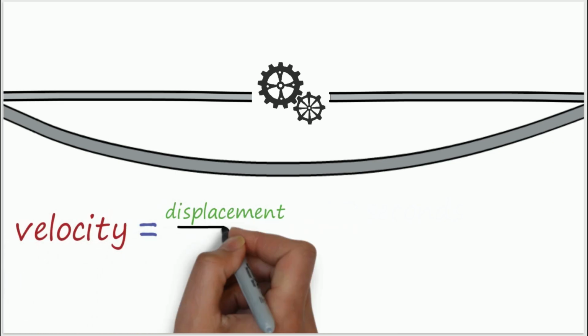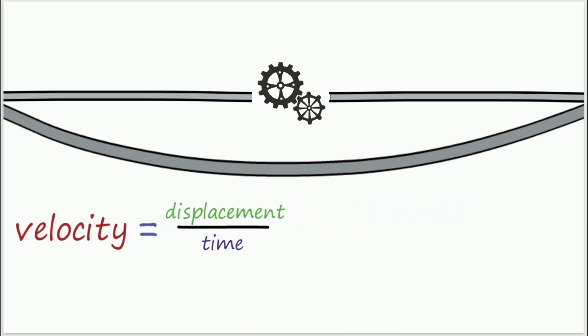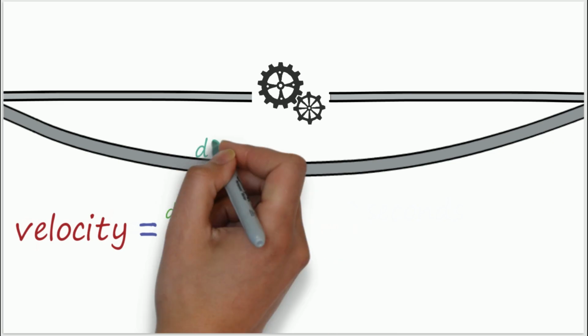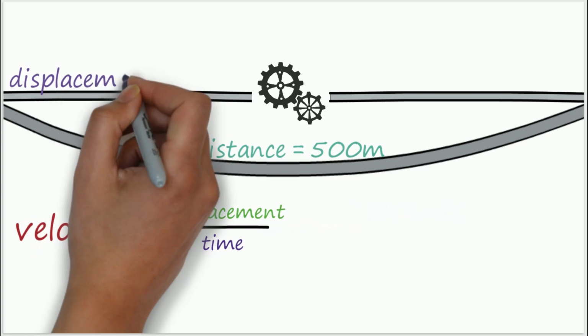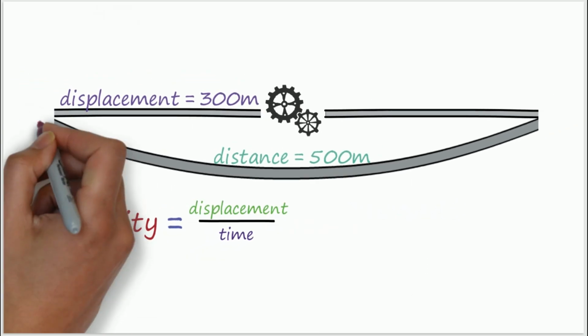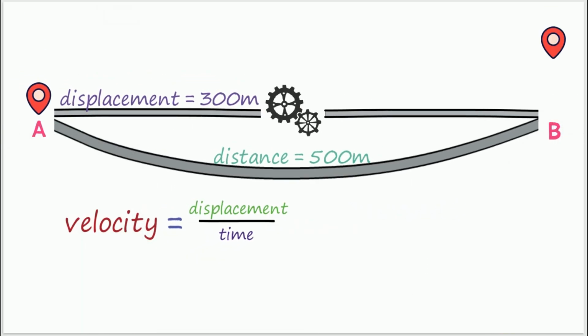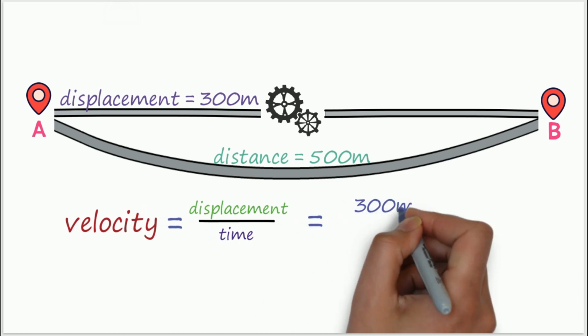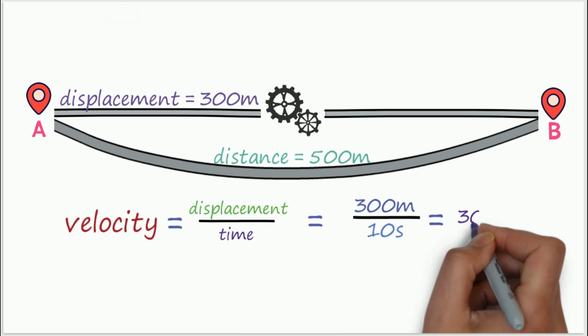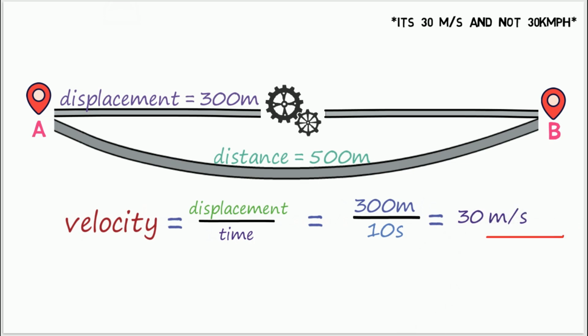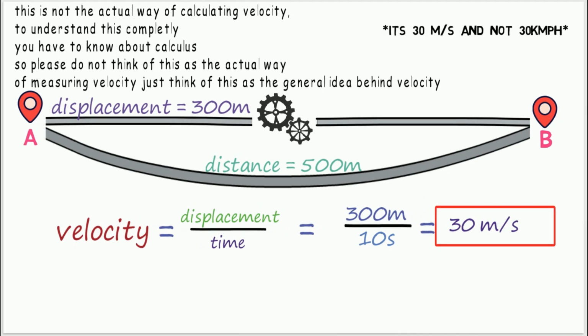But when we have to find the velocity at which the car was traveling, we should not consider the distance, rather we must consider the displacement. So displacement is the shortest distance from A to B, and when we take this displacement and divide it with the time, we get 30 kilometers per hour. So the velocity of the car while it was traveling was 30 kilometers per hour.